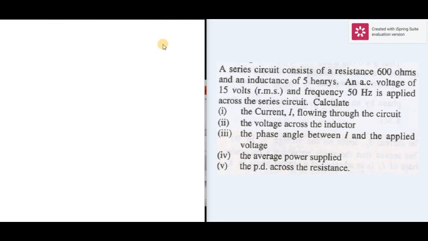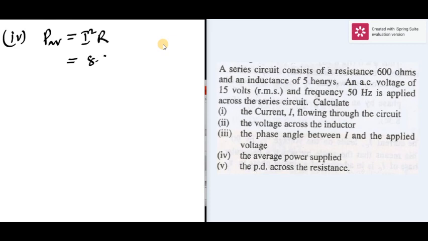The average power supply will be given by the expression: the square of the current times the resistance of the resistor.